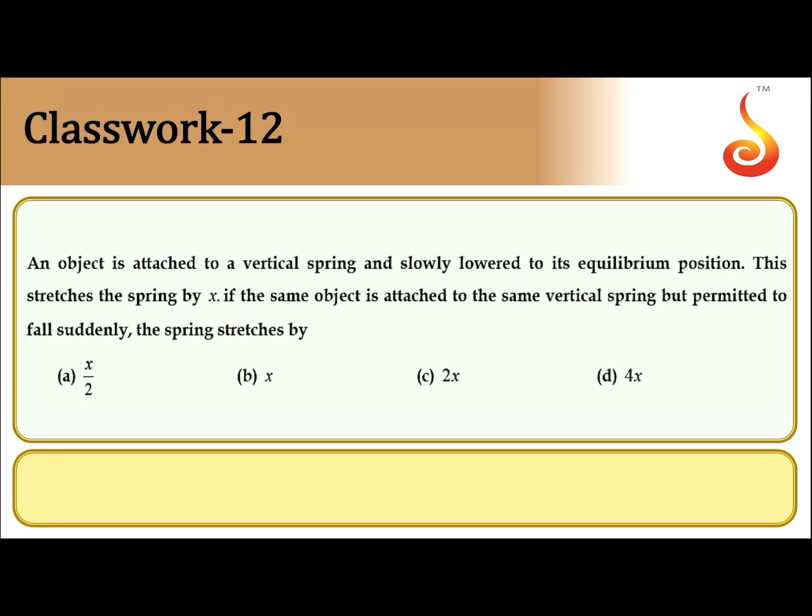Next one. An object is attached to a vertical spring and slowly lowered to its equilibrium position. This stretches the spring by x. If the same object is attached to the same vertical spring but permitted to fall suddenly, the spring stretches by. Okay.